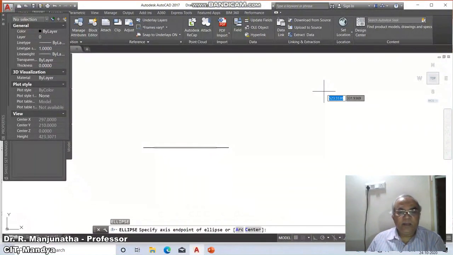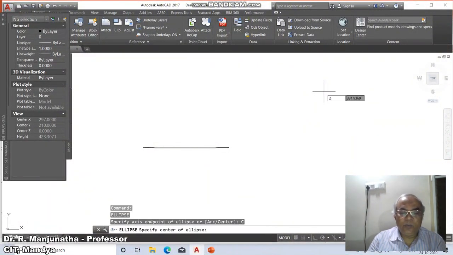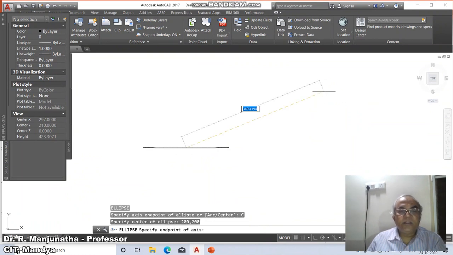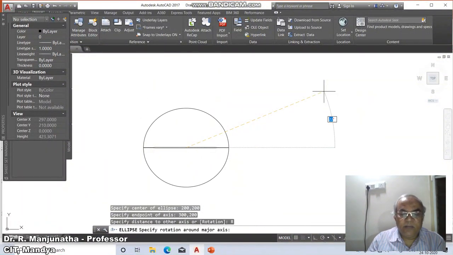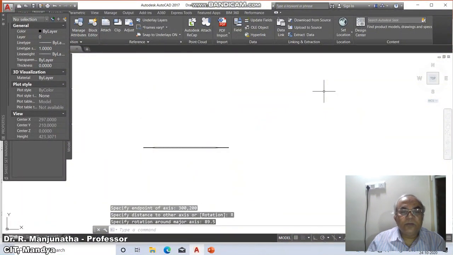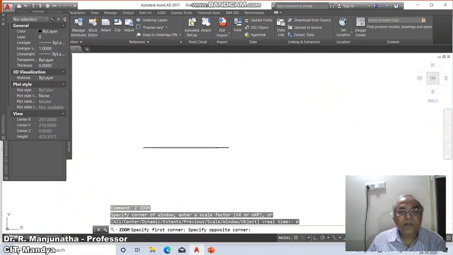Suppose I say ellipse center 200,200, then the end point of the axis is 300,200. Then the rotation, I will say 89.5. It says rotation around major axis, and it is still able to draw this.